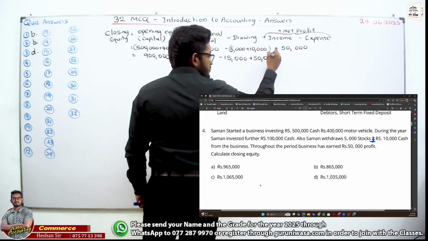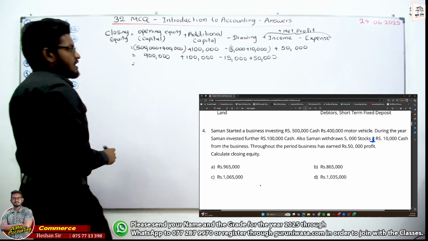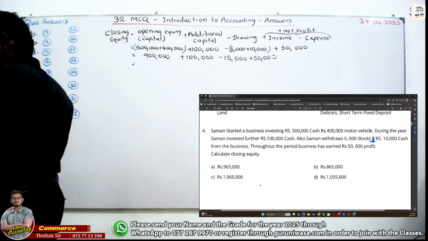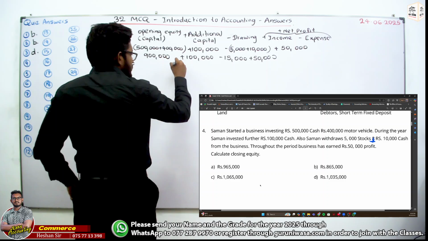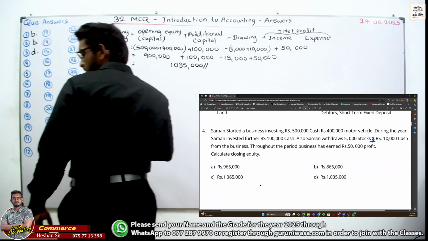Can anyone tell me the answer? 10 lakhs, right? So from 10 lakhs, we deduct 15, then we add 50. 1035,000. Any answer like that?